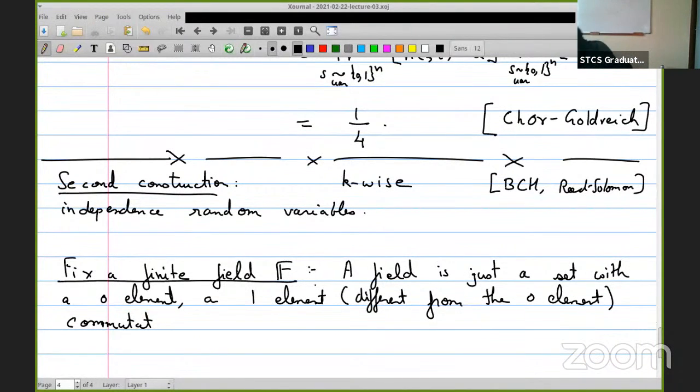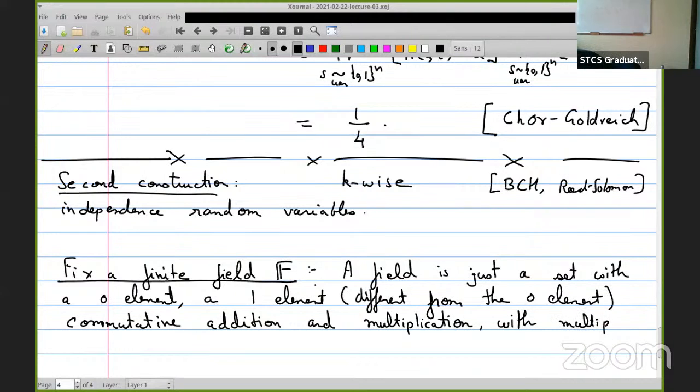Just a second, commutative addition. I'm pretty sure I'm missing some condition, with multiplication distributing over addition.